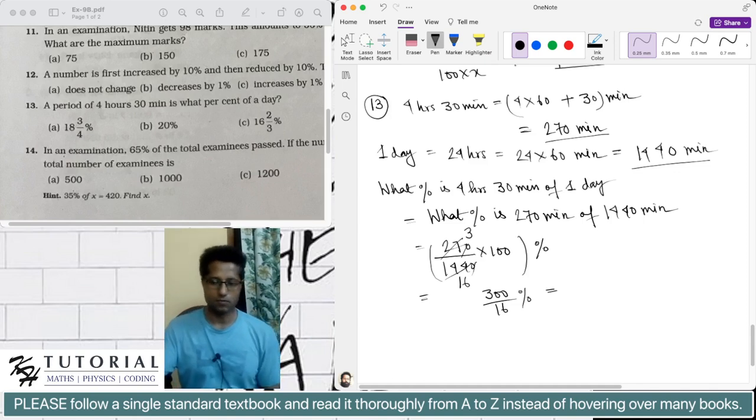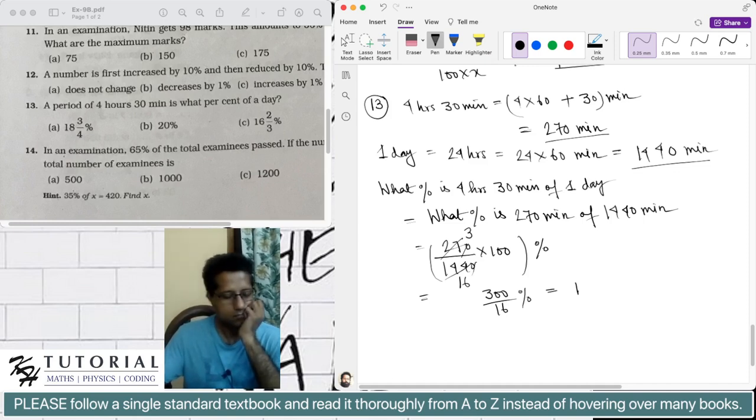Now 300 by 16 is an improper fraction. You have to convert it into a mixed fraction.